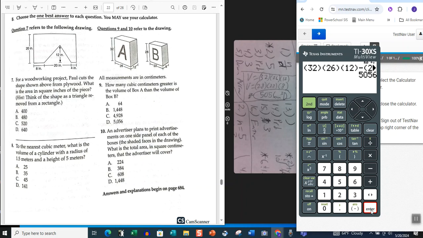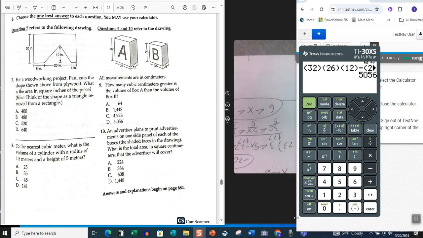Now, problem 10 says an advertiser plans to print an advertisement on one side panel of each of the boxes, the shaded faces in the drawing. What is the total area in square centimeters that the advertiser will cover? So we want the shaded sides of each of these rectangular prisms.